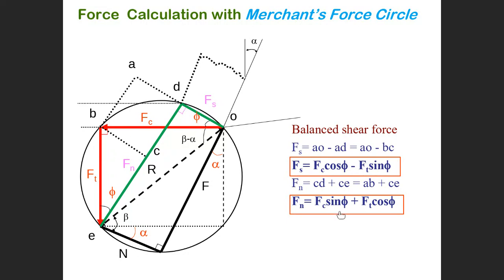So Fn equals Fc sine phi plus Ft cosine phi. This is another two equations to obtain Fs and Fn as a function of Fc and Ft, which can be measured by the dynamometer. So now we have four equations to obtain unknown forces as a function of known forces.